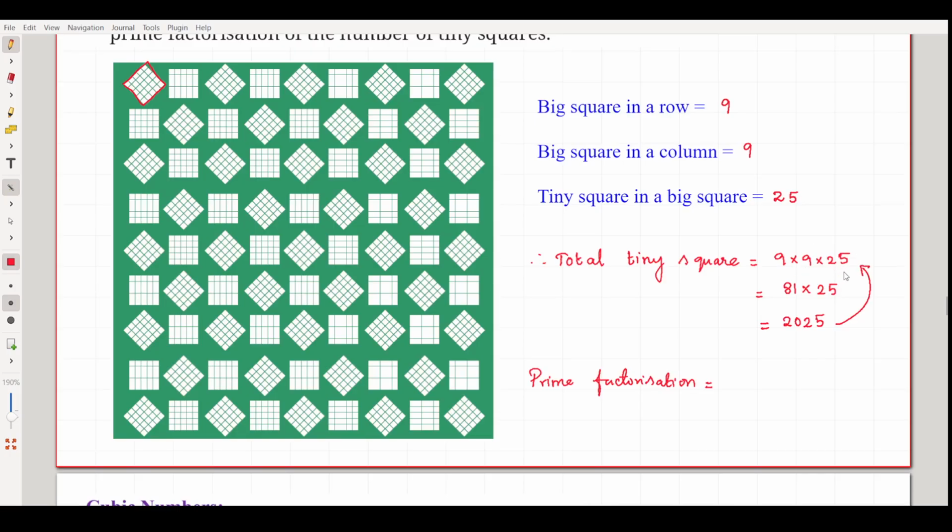From this you can write the prime factors. The prime factor of 9 is 3 into 3. Again one more 9, so 3 into 3. How will you write the prime factor of 25? You'll be getting 5 into 5. Now this is the prime factorization of 2025.